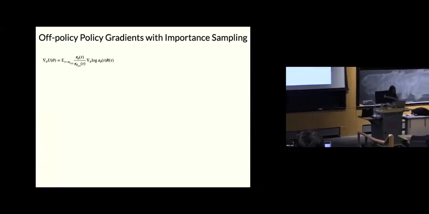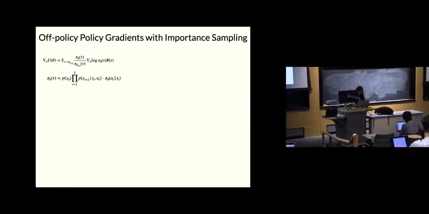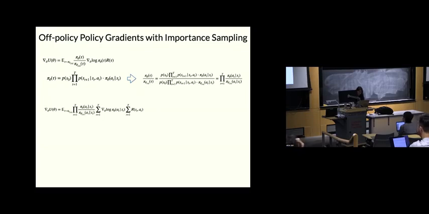Now let's go back to what your colleague just said. Here is the probability of a trajectory. Here is this fraction, exactly what he said: there are dynamics and probabilities of individual actions, and the dynamics cancel out. So essentially, I have these fractions of products, and then I can plug them into whatever formulation.